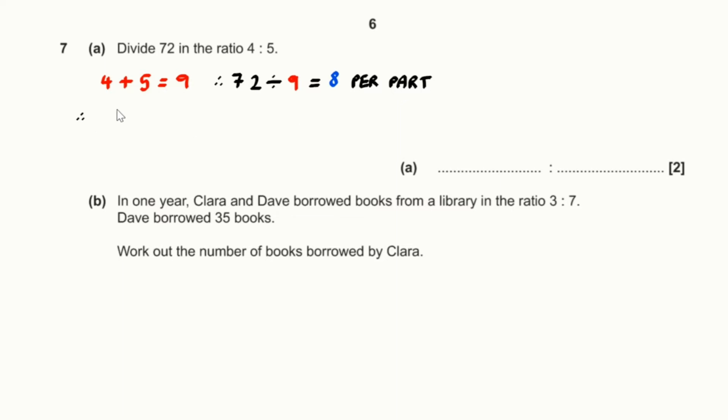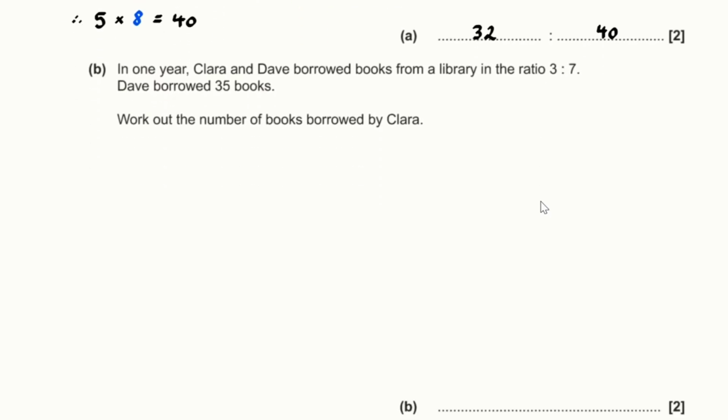And therefore, we multiply the 4 by 8 to get 32. And we also do 5 multiplied by 8 to get 40. So we have 32 to 40.